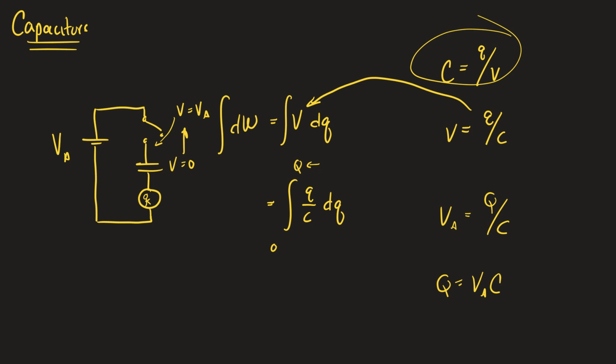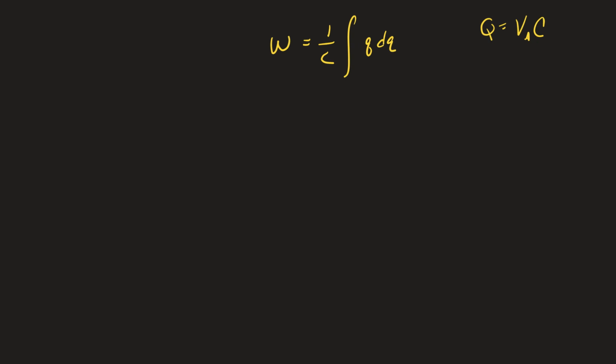So if I want to find out how much actual work is done, I just got to do this particular integral, which is not particularly hard. I pull the 1 over C out, and I'll have the integral of Q dQ. And this is going to go from 0 to max charge. Well, can we all agree that the antiderivative of Q is going to be 1/2 Q squared?